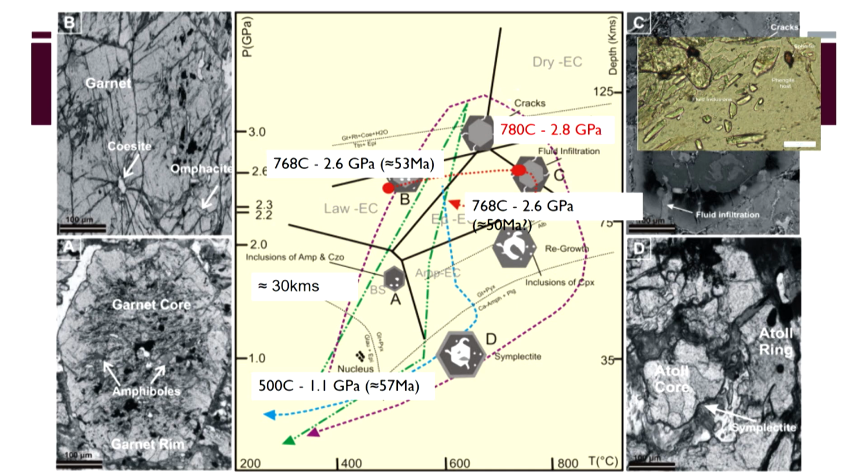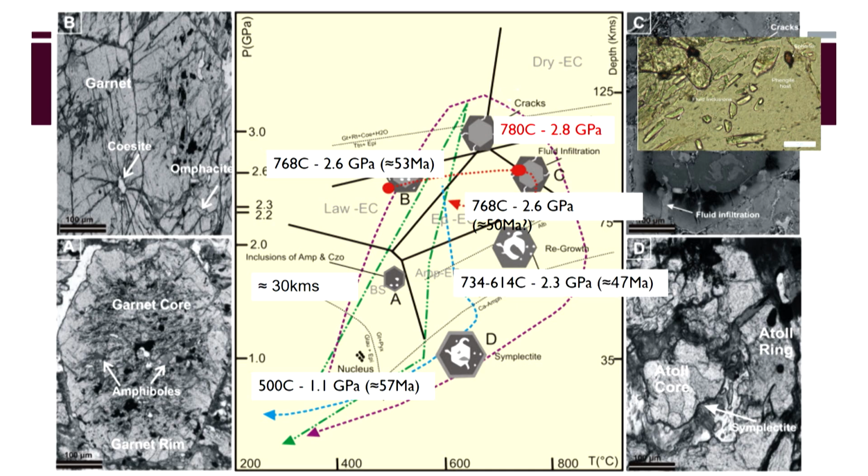So at 768, nearly around 50 million years, I've put a question mark here because this has not been worked on. I mean, we don't have this actual age, but it's pretty much between 53 and 47. So typically you start getting the formation of atolls because the fluid starts to infiltrate along these cracks in the garnet, and it modifies the interior of the garnet and starts to replace them with lower temperature minerals.